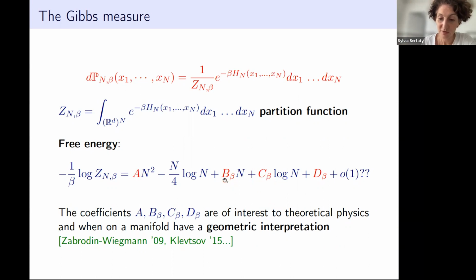But again, these things are very unknown, except for A, the leading order, that's easy thanks to the equilibrium measure. And now we have access to B beta, the second coefficient. But the next ones would be very, very nice to find, to identify. That's open.